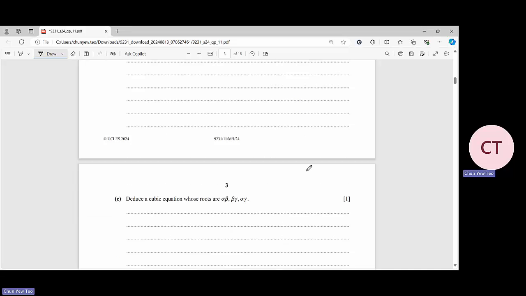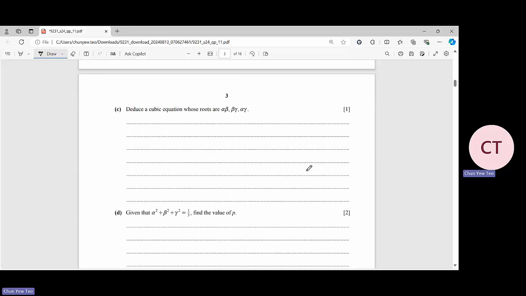Moving on, question C. Deduce a cubic equation whose roots are alpha beta, beta gamma, and alpha gamma. For the cubic equation, just take these and add them together.